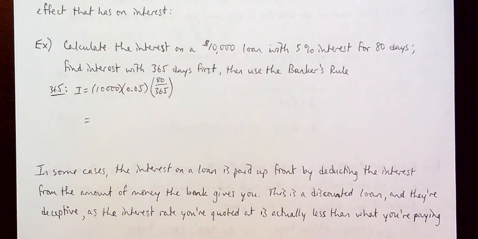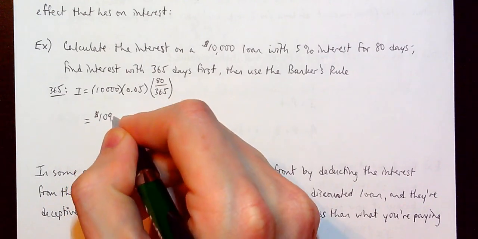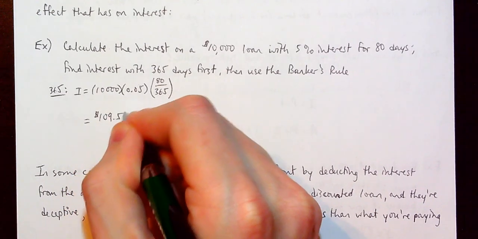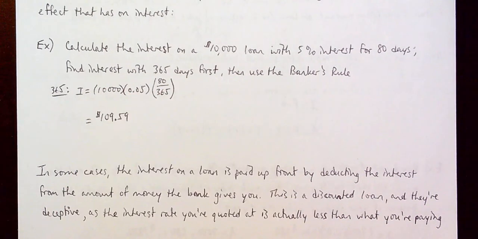And then round that value to 2 decimal places, you get $109.59. So there we go. This is what the interest would be if we're counting 365 days in 1 year.